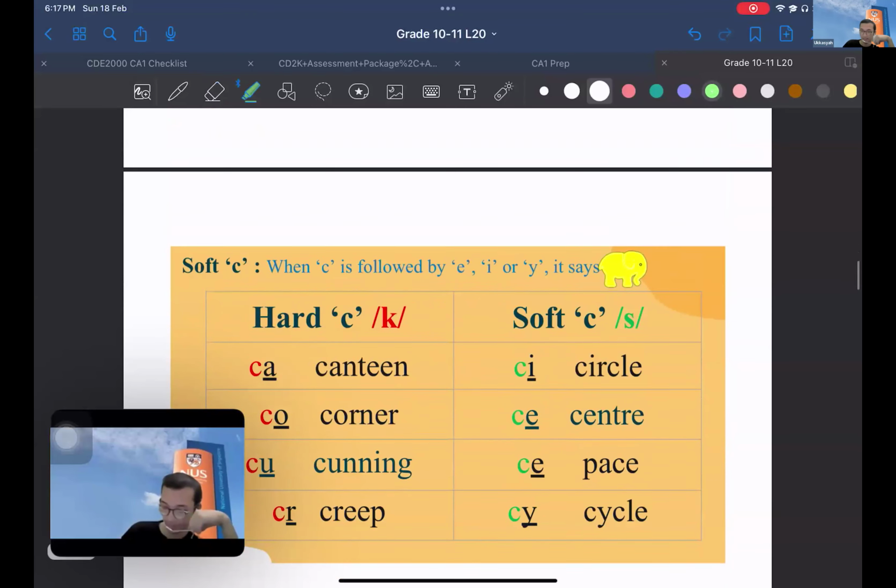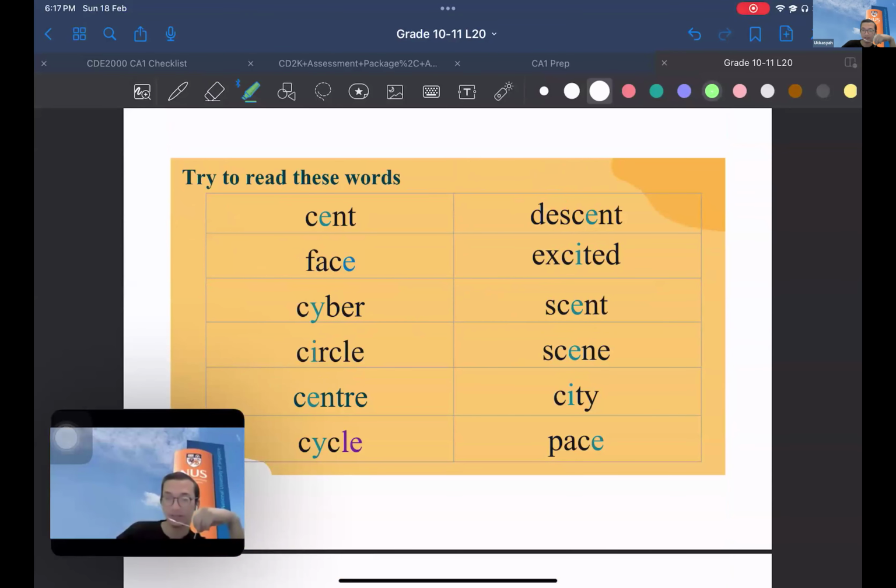All right. Do you guys want to try to read this word? Just read it off. Anyone can unmute and try if you like. In the meantime, does anyone know the meaning of descent?